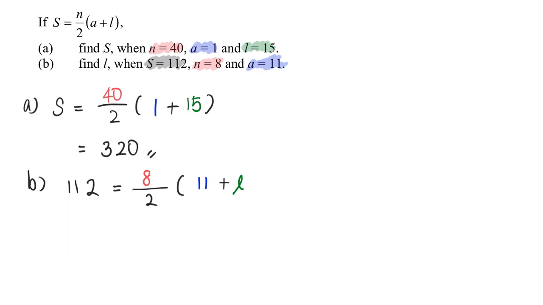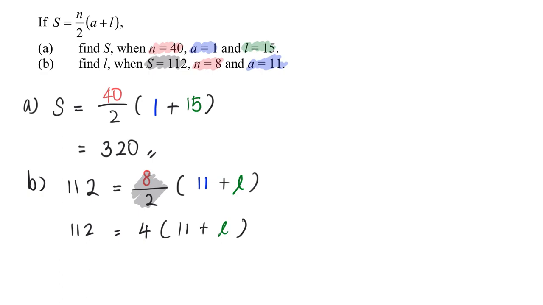Okay, so let's start. So I will have 112 equals 8 divided by 2 is 4 times 11 plus my L.